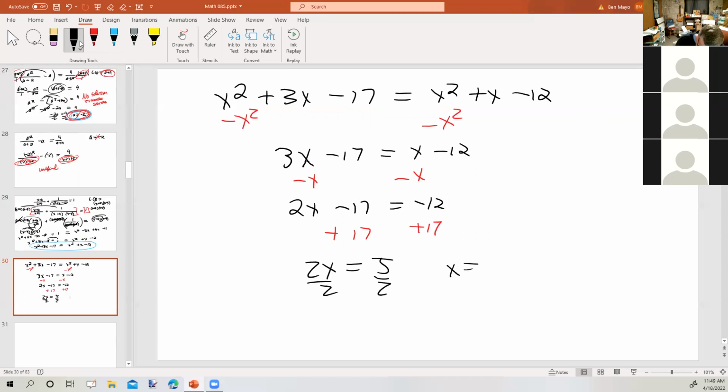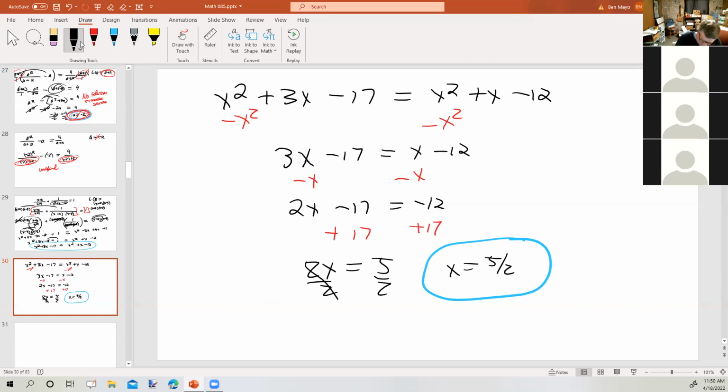Divide by 2 and x equals 5 halves. 2x equals 5, so x is 5 over 2, 5 halves, or 2.5. But again, remember in WebAssign, you don't want to use mixed numbers.